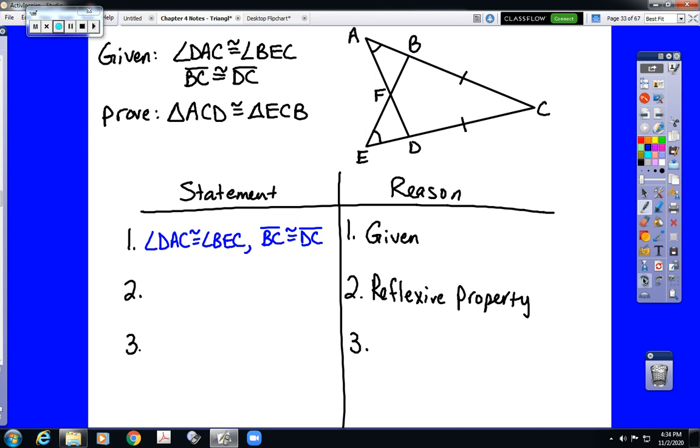Okay? So, number 2 says reflexive property. And in this proof, the whole point of this step is for us to see that it is possible for triangles to actually share angles. They don't have to necessarily share sides.